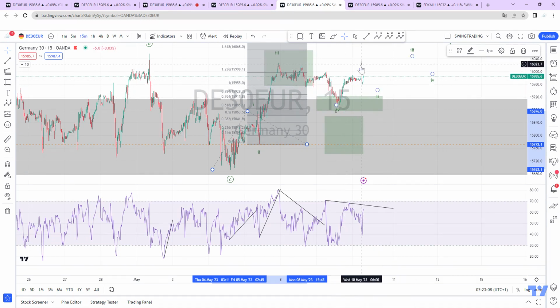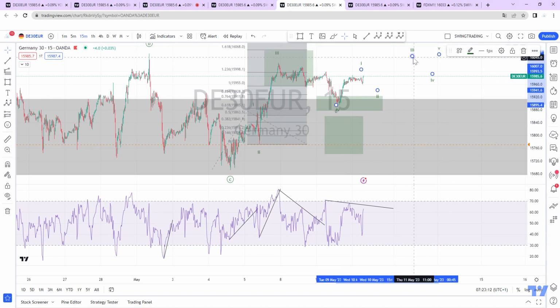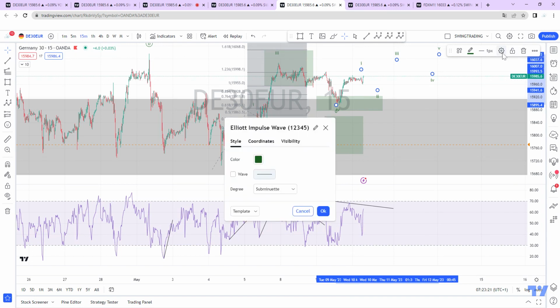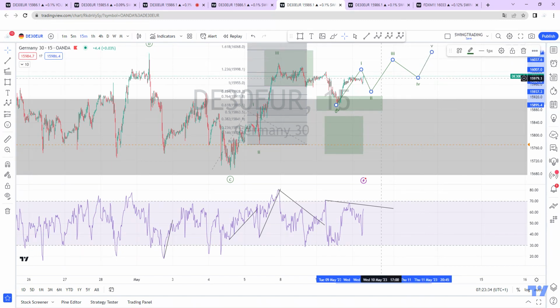This could end, for instance, like an ending diagonal, and then we would end somewhere here, so that we finish with a structure like this ending diagonal, where the wave 1, the wave 3, and the wave 5 are quite close to each other, and then we end somewhere here in this area.